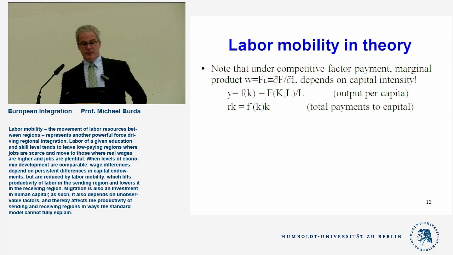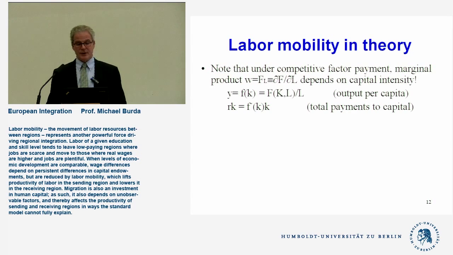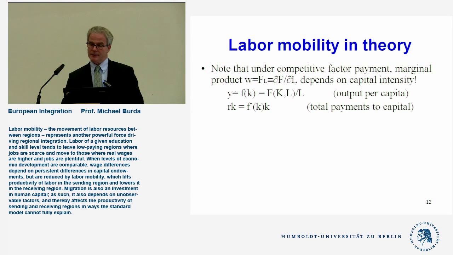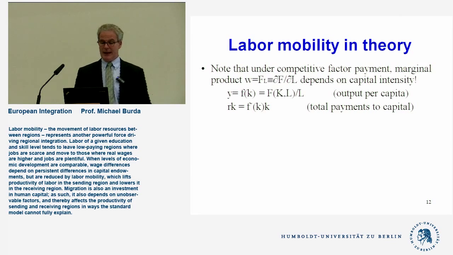So if you do that, you can also think about payments to capital in an intensive notation sense. The payments to capital per capita are going to be equal to the rate of interest or the rate of return on capital times the capital intensity, the capital per capita.